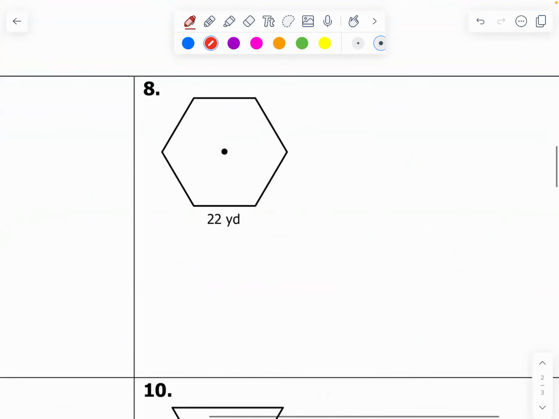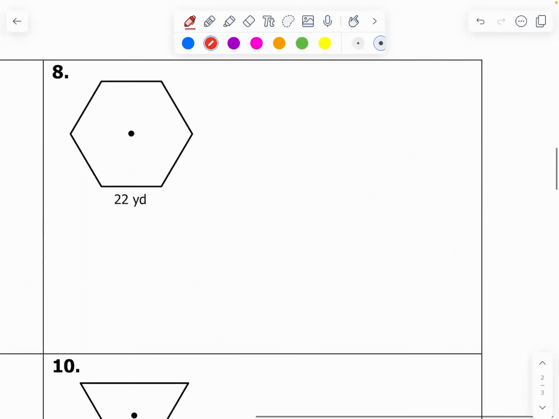I want to look at number 8. Number 8 is a problem where what can we find right away? Out of the two things we need, we are going to know the perimeter right away. We know that our perimeter is 6 times 22.